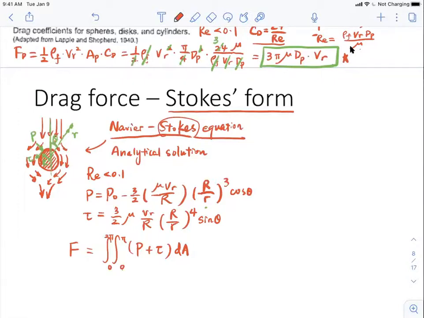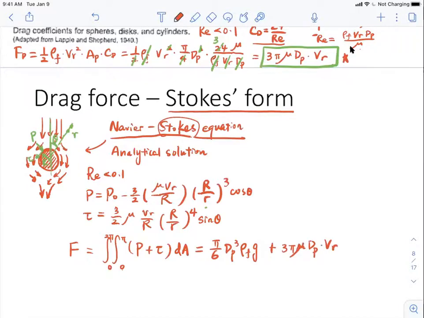People found that this force is basically pi over 6 dp cubed rho F g plus 3 pi mu dp multiplied by VR.